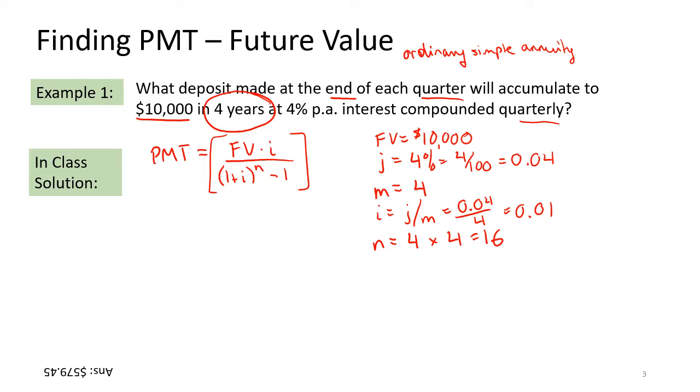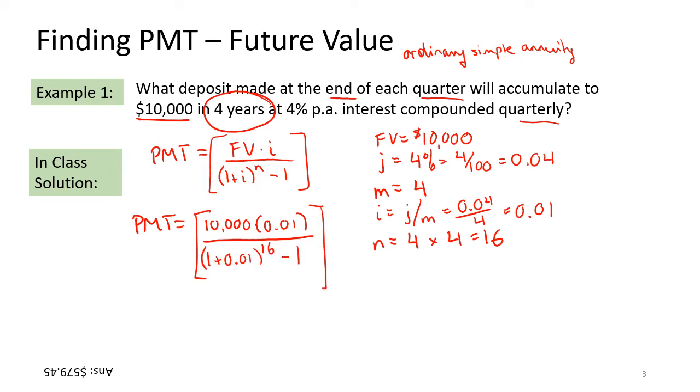Substituting all of these values in, your payment is equal to your future value, $10,000, times your periodic interest rate, 0.01, divided by 1 plus 0.01 to the exponent 16 minus 1.